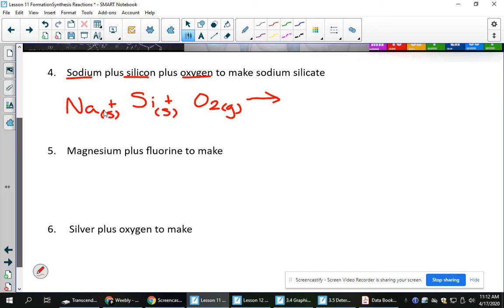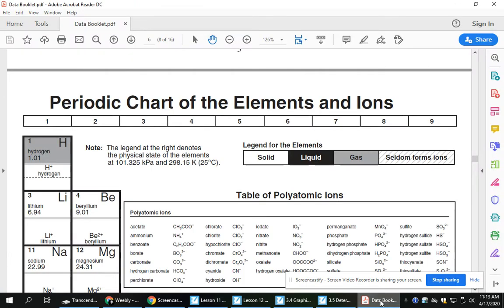As soon as I see that's an ionic compound, I need to write the charges. The charge for sodium looks to me like it is +1. The charge for silicate in this polyatomic ion box over here, about 3 columns over, is SiO3, 2 negative.